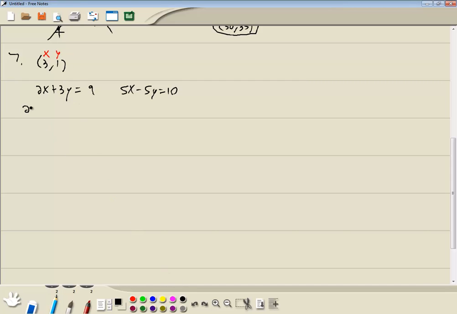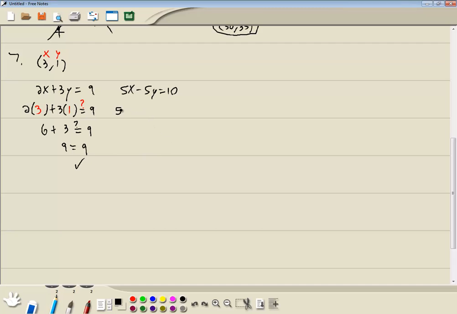So we're going to go through and replace our variables with parentheses. And we just said that x is 3, so I'll put 3 in for the x. We said y is 1, so I'll put 1 in for the y. And this is a question mark. We're wondering if that's equal. 2 times 3 is 6, plus 3 times 1 is 3. Wondering if that's equal to 9. And 6 plus 3 is 9, so 9 is equal to 9, so that one checks.